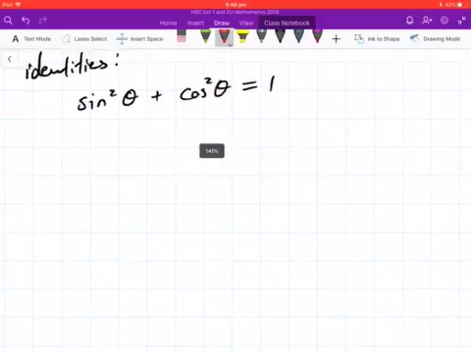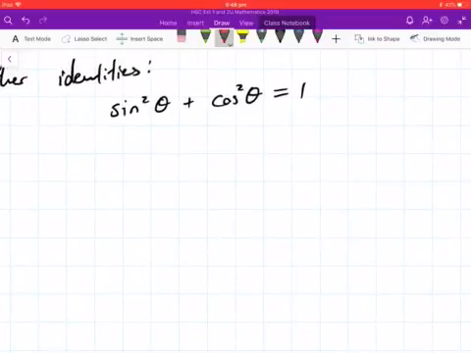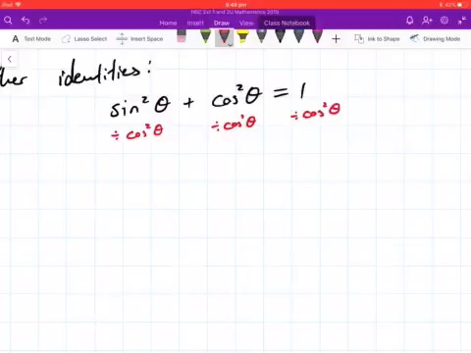So coming back from that, if we have a look at this, sine squared theta plus cos squared theta equals 1. Now let's imagine that I divide everything by cos squared theta. So every term, both sides, we're going to divide by cos squared theta. Now what's going to happen?